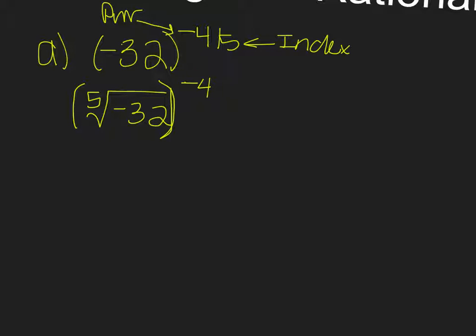The 5th root of negative 32 is negative 2, which we were raising then to the negative 4th power. So this becomes 1 over negative 2 to the positive 4th power, which simplifies finally to positive 1/16.